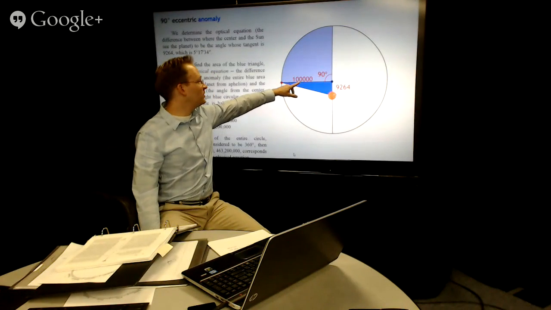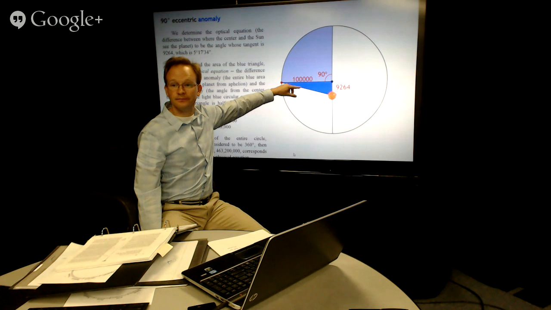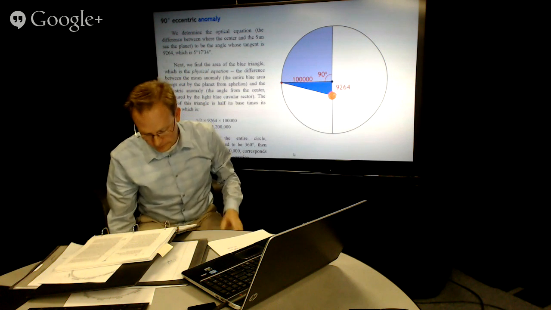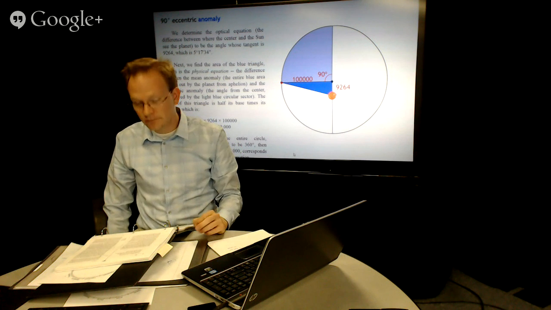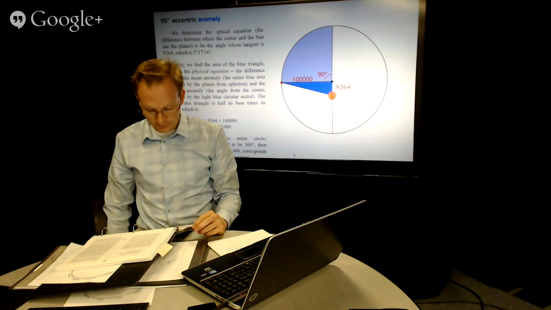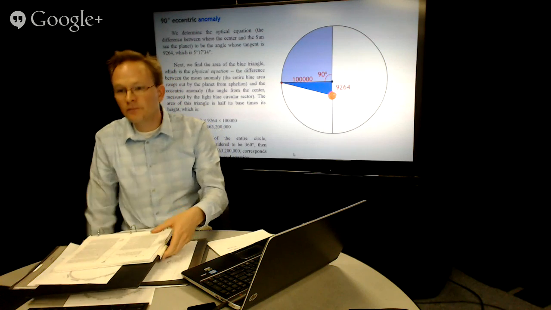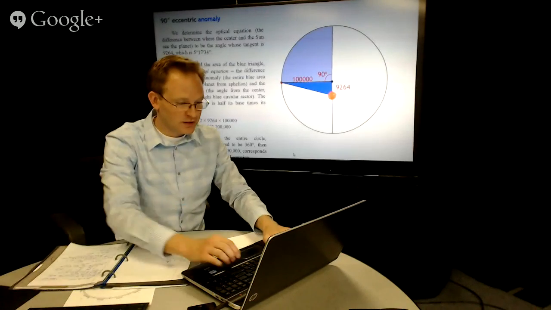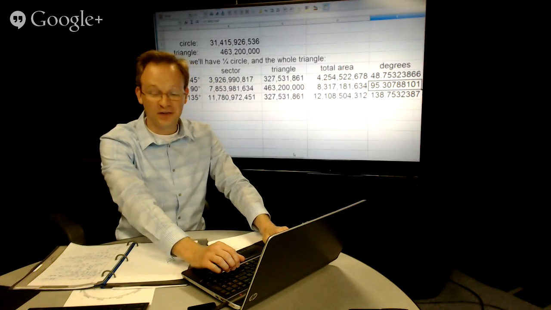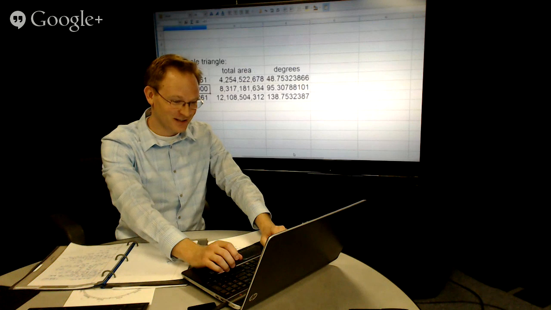For example, at 90 degrees, what's this angle here? How do we figure out what this angle is? Take the inverse tangent of the eccentricity over the radius. Right, let's go ahead and do that. It's easy for 90 degrees. The other ones get harder.